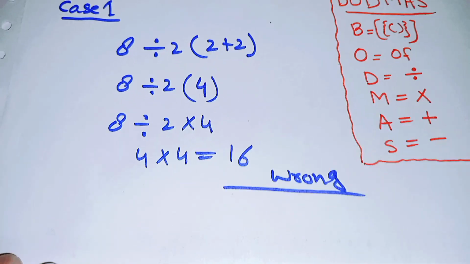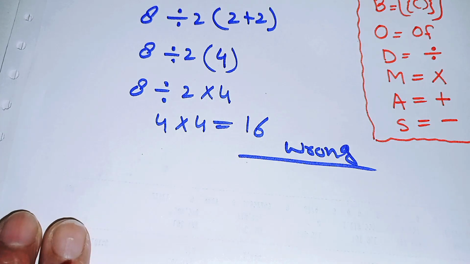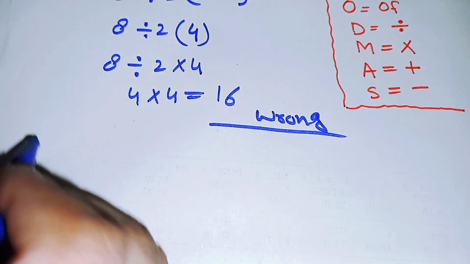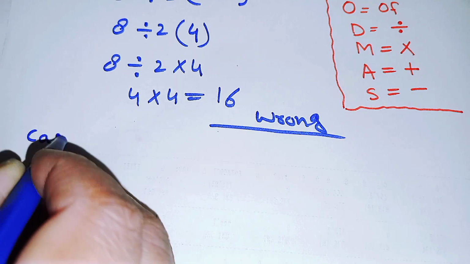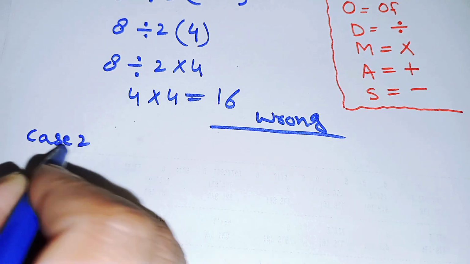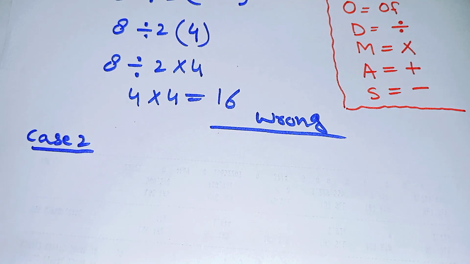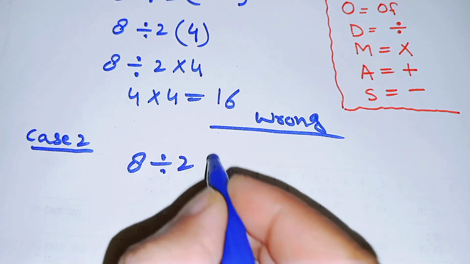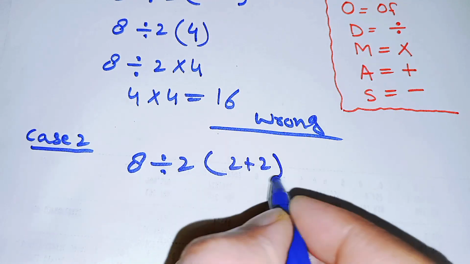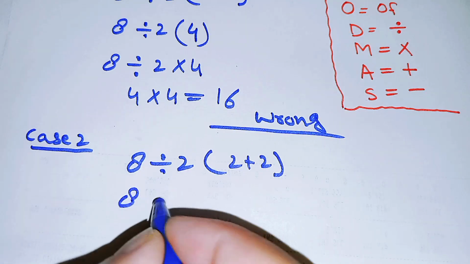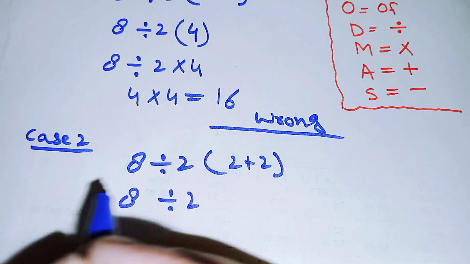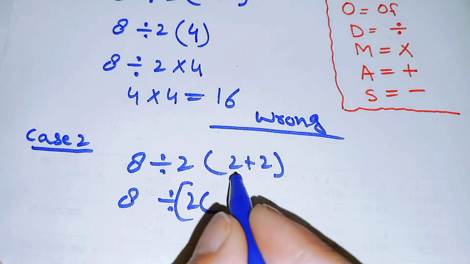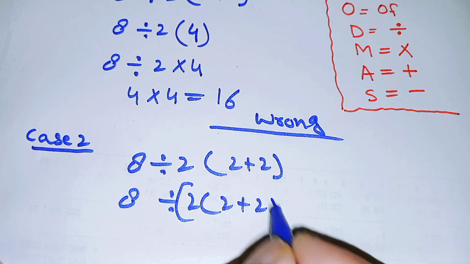Now we see the second case. 8 divided by 2 bracket 2 plus 2. Here we have 8 divided by this bracket 2 plus 2.